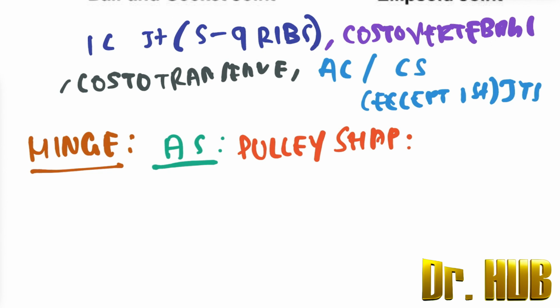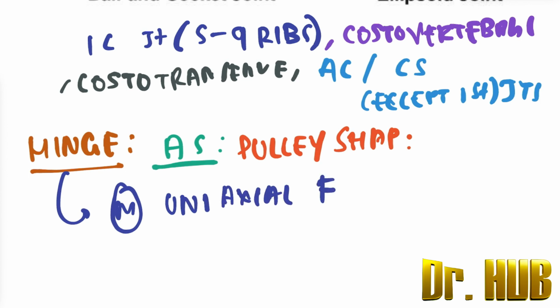And how is the movement of the hinge joint? The movement is uniaxial flexion and extension.